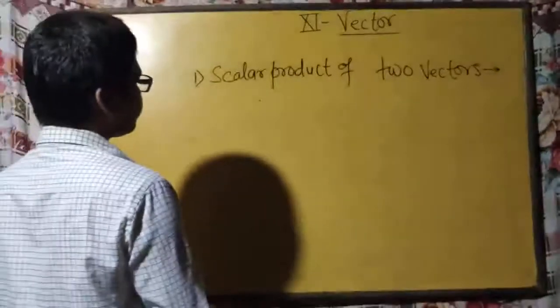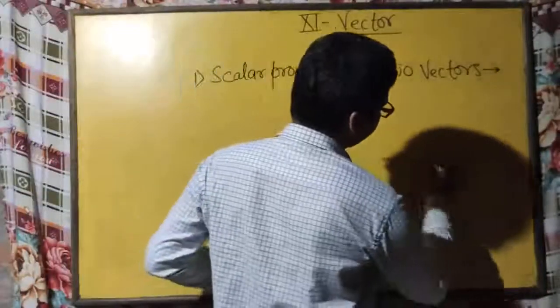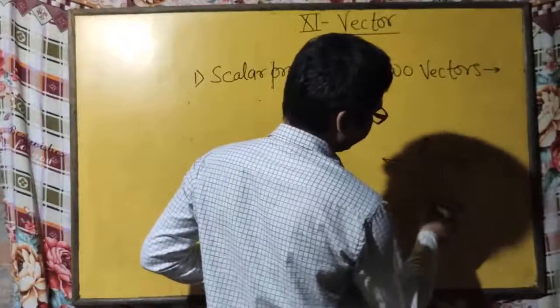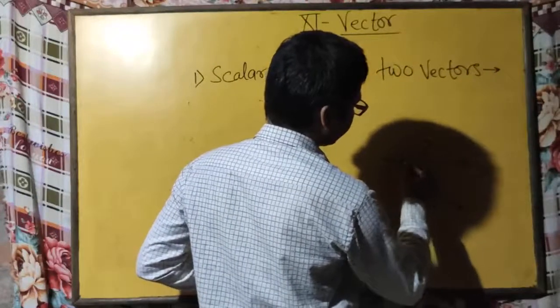Suppose this is vector A and this one is vector B. The angle between them is theta.